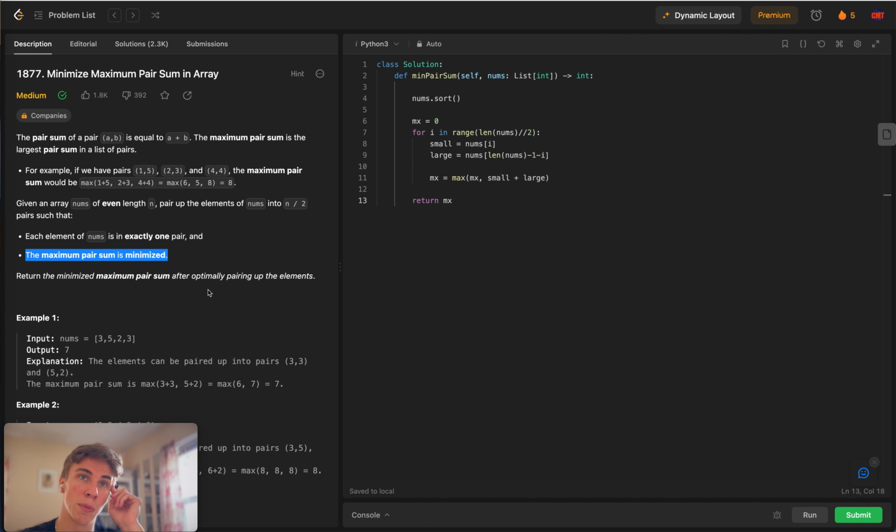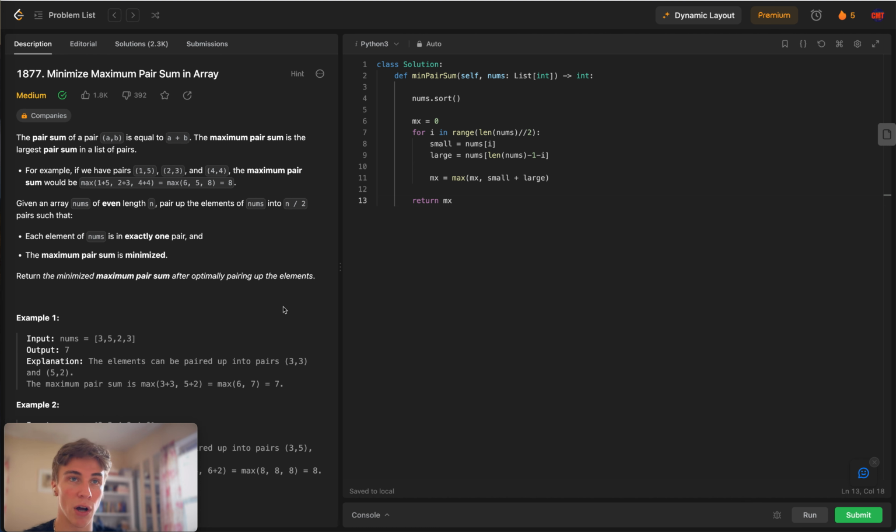Basically, if I had the numbers 1, 2, 3, 4, I could have pairs (1, 2) and (3, 4). However, the maximum sum there would be 7, 3 plus 4. What I want here is the smallest possible sum. And so in that case, I would sum up 1 with 4 and 2 with 3. So I guess that's a better way to put it, and it makes more sense.